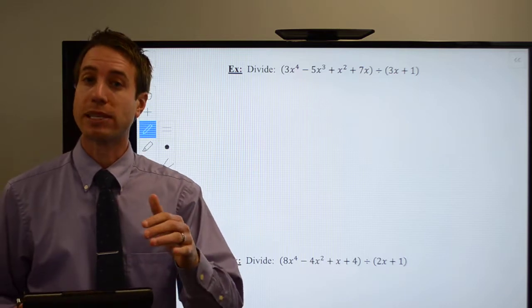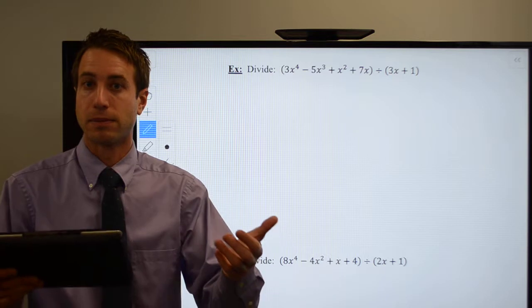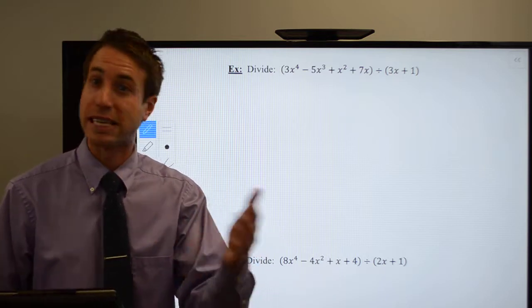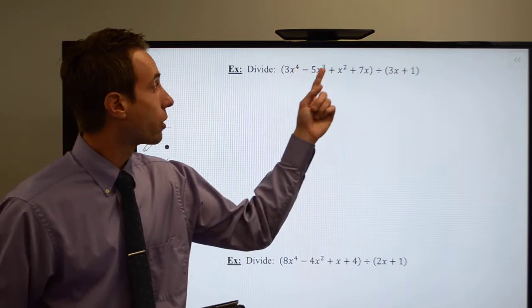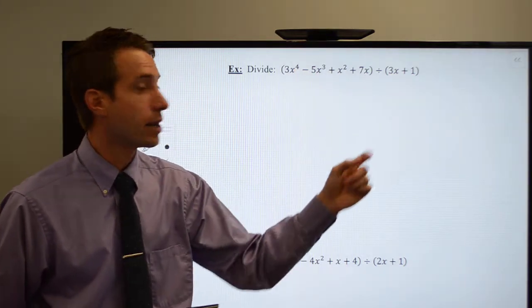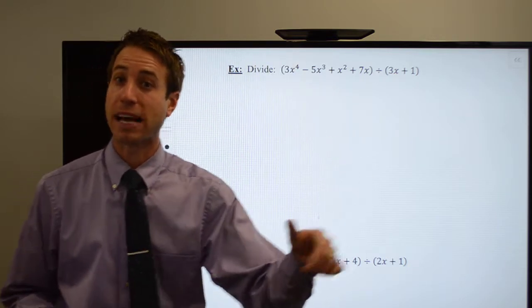In order to do algebraic division, I just need to check to make sure that I have all of the exponents I need. If I'm missing somebody, I need a placeholder. So 4, 3, 2, 1. I am missing that very last term, that constant.